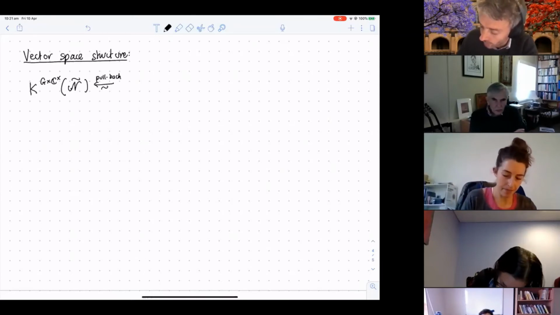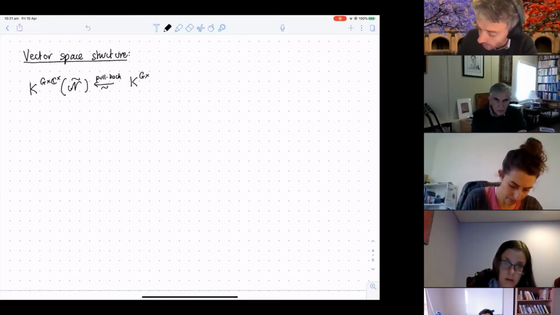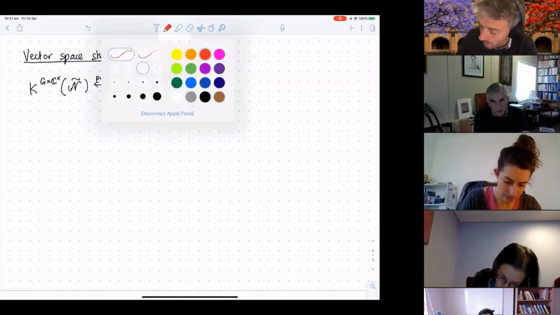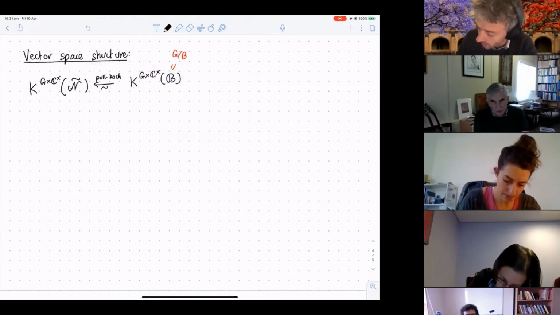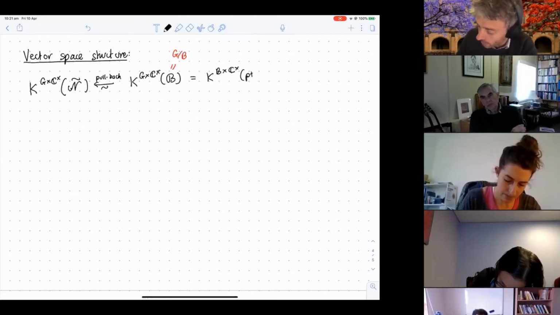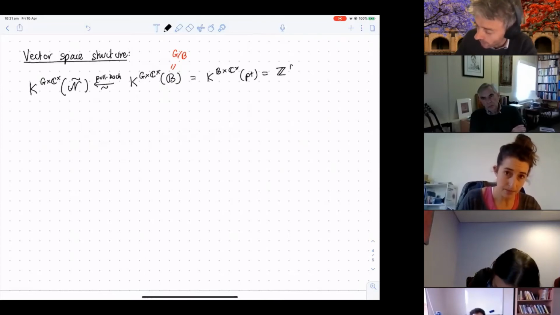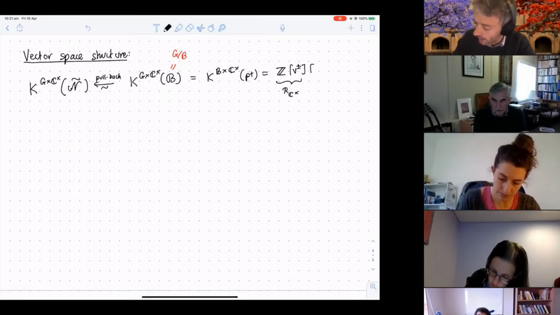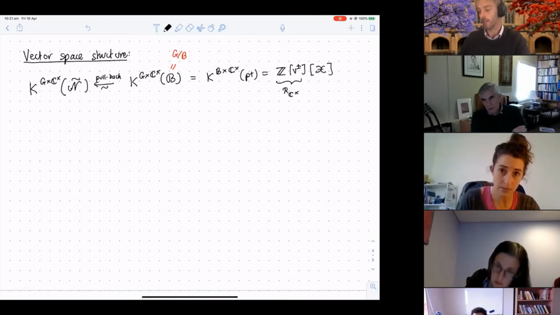So n tilde is a vector bundle on the base, B, and B is G mod B. So this is the same thing as the B times C star equivariant K theory of a point, which is just the representation ring. So I'll write this for the representation ring of C star, and then I take the characters of B, which are the same thing as the characters of T.